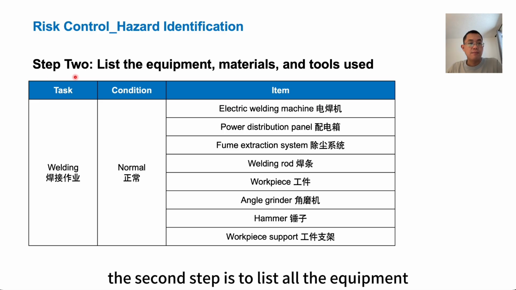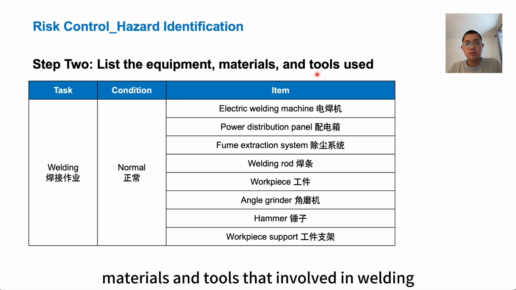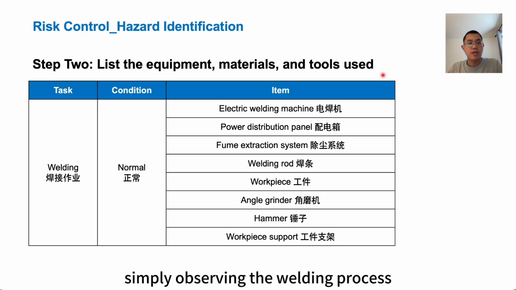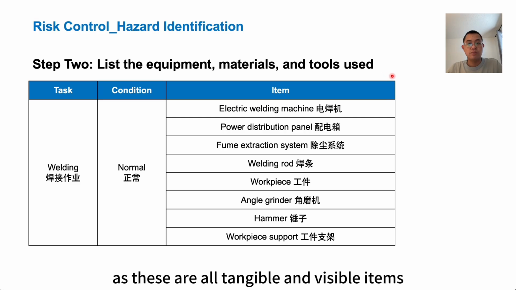The second step is to list all the equipment, materials, and tools that are involved in welding. This step is quite straightforward. We can identify all these items by simply observing the welding process, as these are all tangible and visible items. And here are some examples.